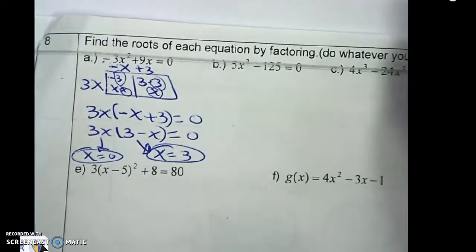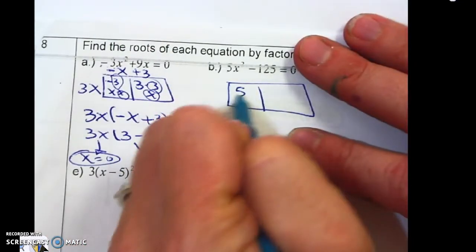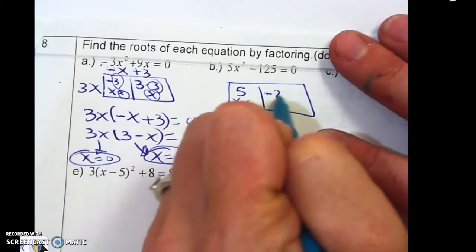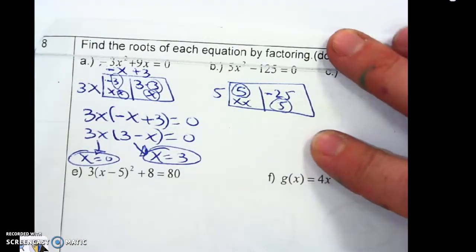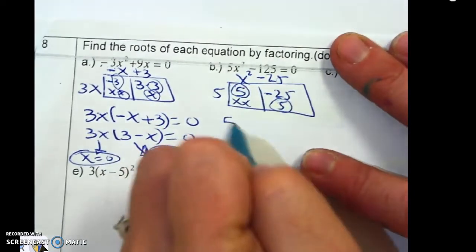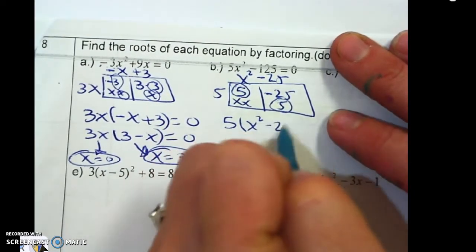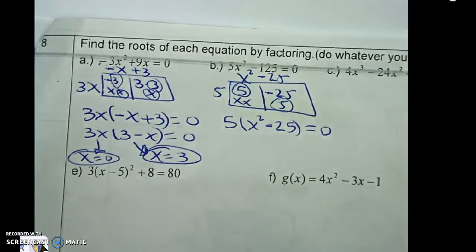The next one, of course, I want to solve by factoring. They both have a 5, so I know I can take out a 5. 5 times x squared, negative 25, 5, 5, whoosh. X squared minus 25. So I go 5 times x squared minus 25 equals 0. And by the way, you'll have more room on your test.